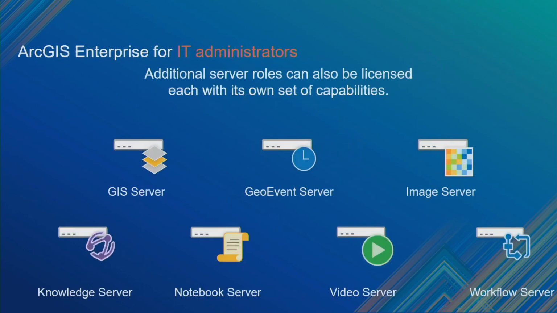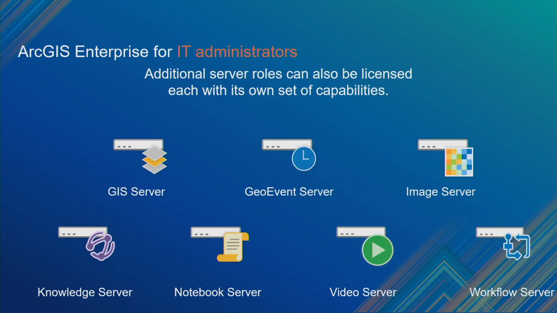Now, beyond that base deployment, organizations, of course, want to add on additional capabilities to enable specialized work that they may be doing. And one really common way that we see this is adding on additional server roles to their ArcGIS Enterprise that support working with specific types of data or specific workflows.